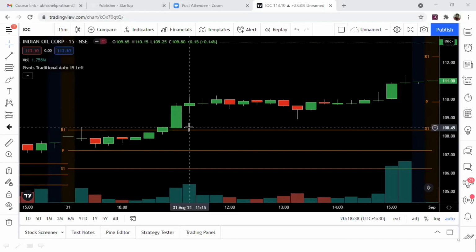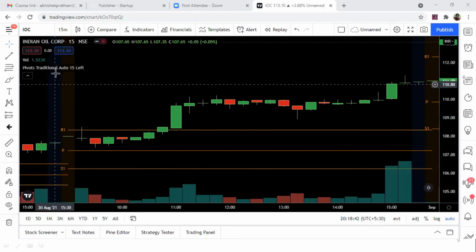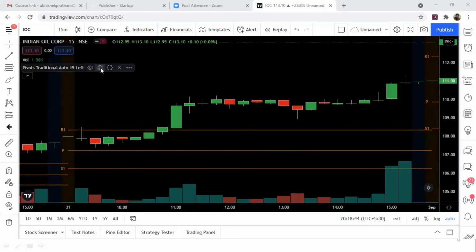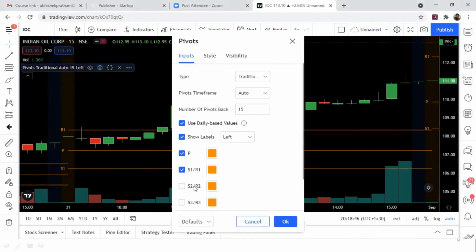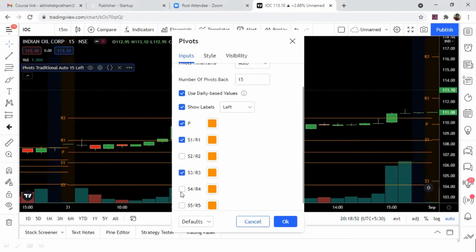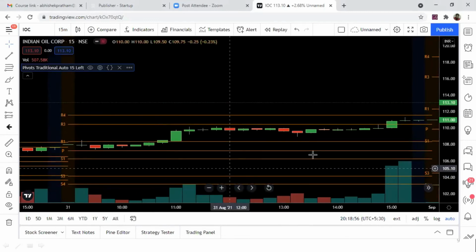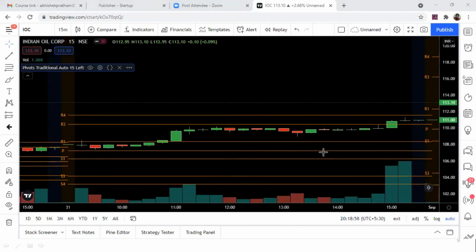Now see here. So Mr. Krishnan is asking how to set a target. Now, if you remember, we have not used this. So are you getting this R3?